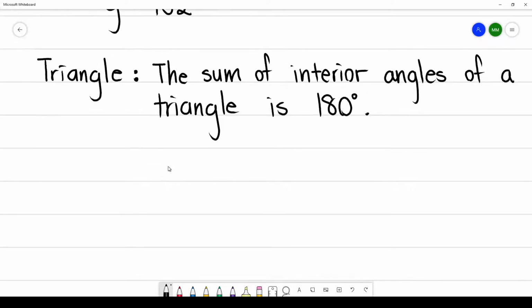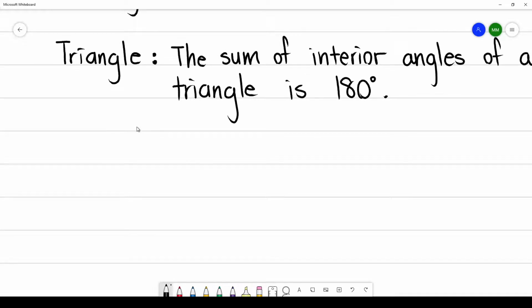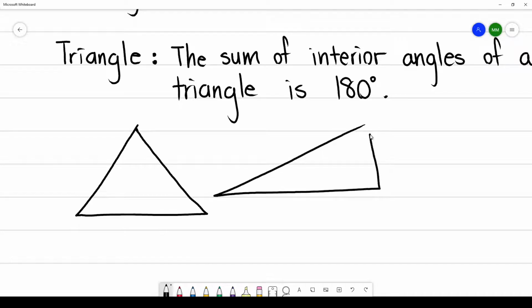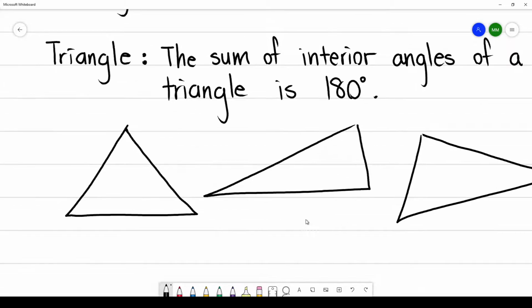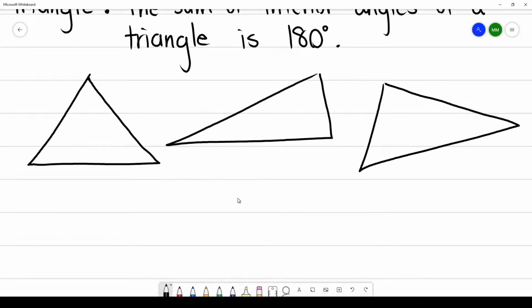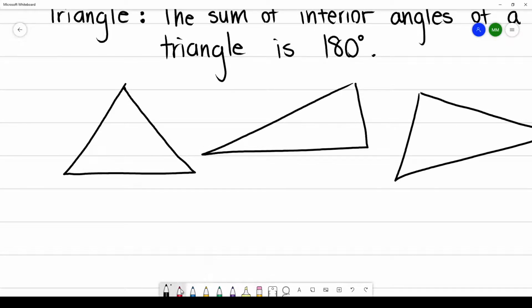So what I mean by that is that whether it's this triangle or this triangle or this triangle, doesn't matter. Oh, that's a bad one. Any triangles. The interior angles are these.